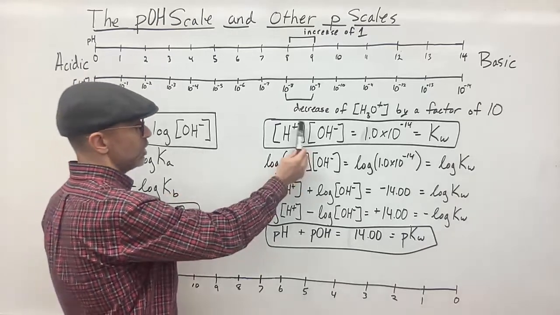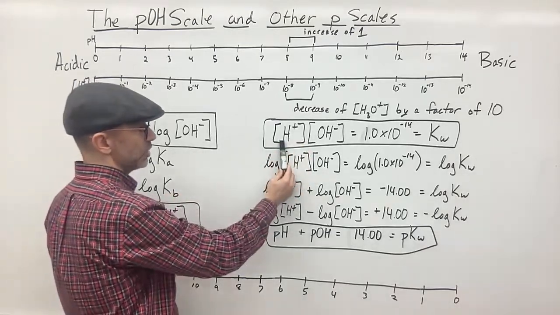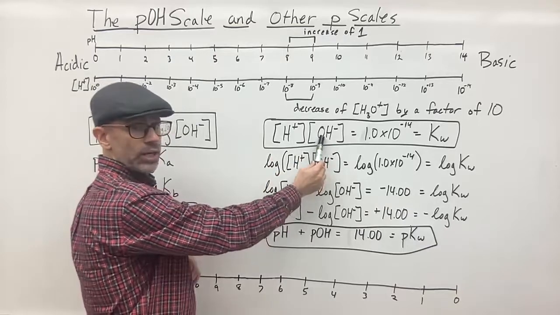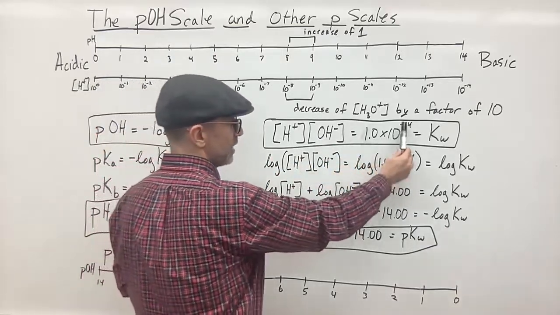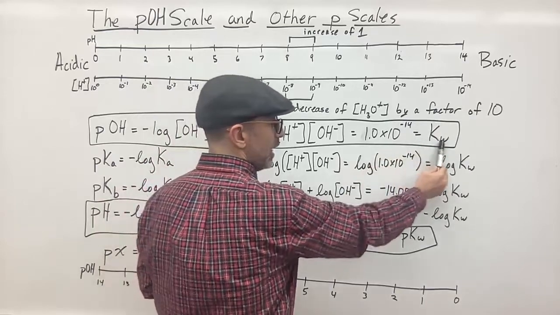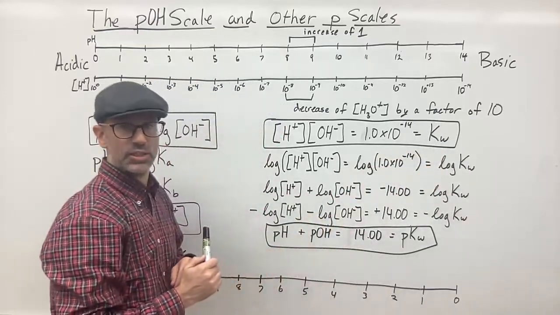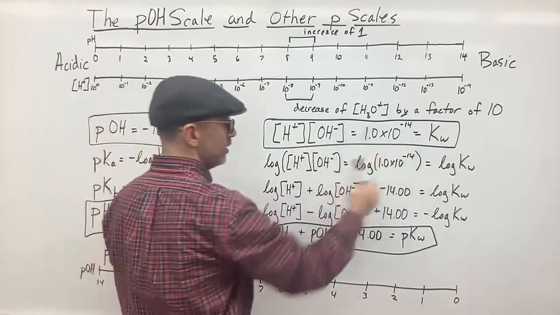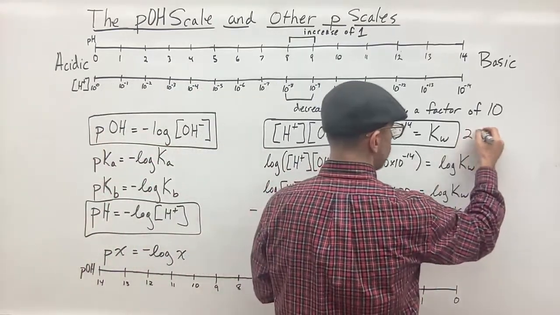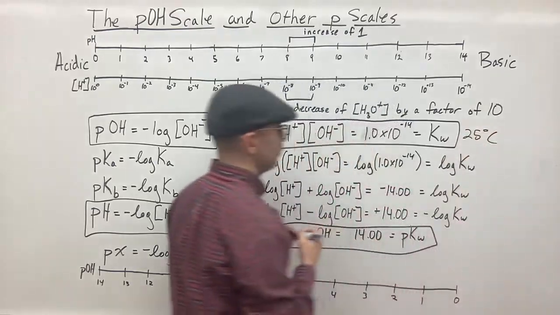So remember this: your H plus concentration multiplied by the OH minus concentration is equal to 1.0 times 10 to the negative 14, which is your dissociation constant for water. Again, this is at 25 degrees Celsius.